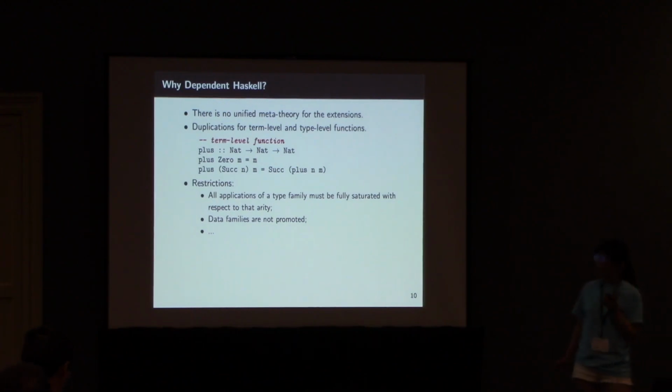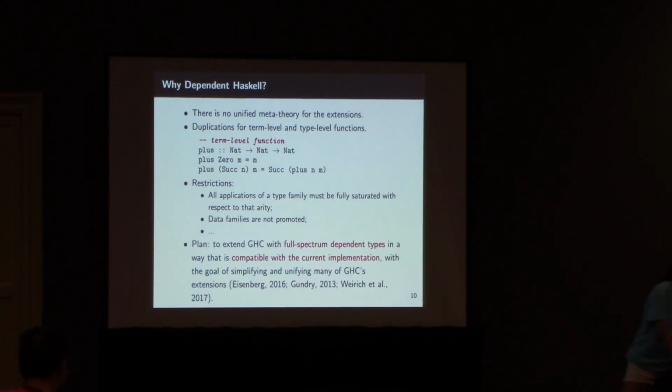And what's worse, even if we work so hard on these extensions, we still have many restrictions on them, for example, restrictions on type families and data families. So our plan is to extend GHC with full-spectrum dependent types. It would be compatible with the current implementation, but it will largely simplify and unify lots of GHC's extensions.